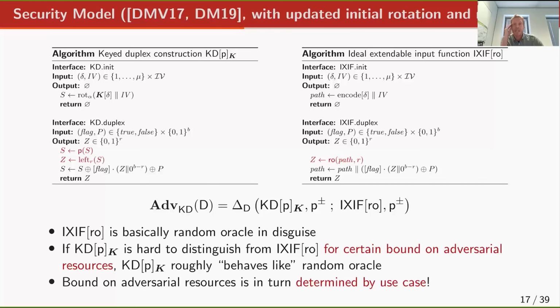And this bound on the adversarial resources actually depends on the use case, because I had my permutation, my initialization and duplexing interface, and you're using this for a certain purpose. Think of key stream generation, think of authenticated encryption; depending on the application, these adversarial resources differ. And this is proven.